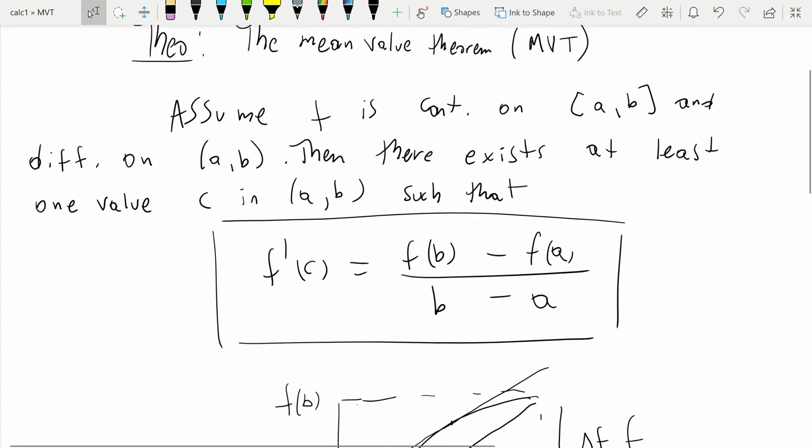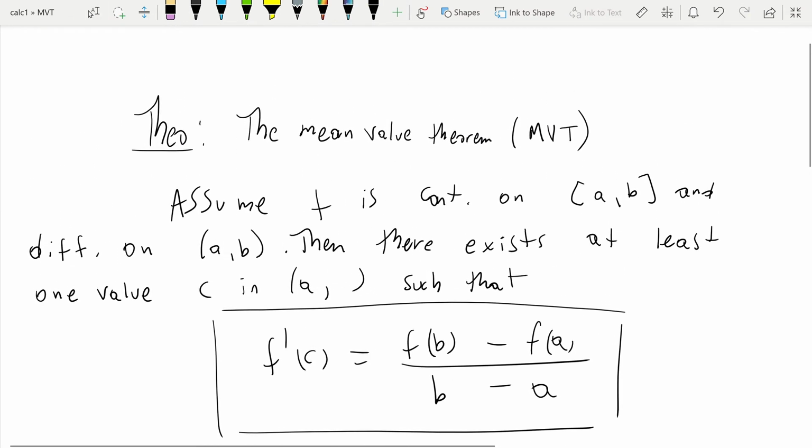So that's how these two theorems are connected.